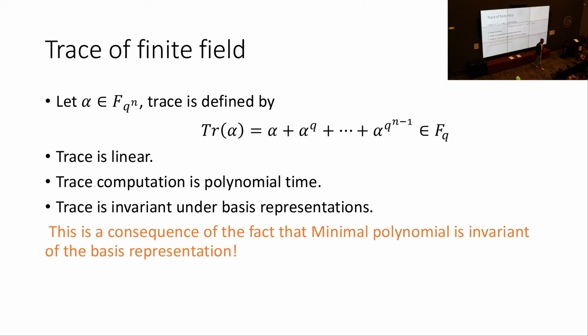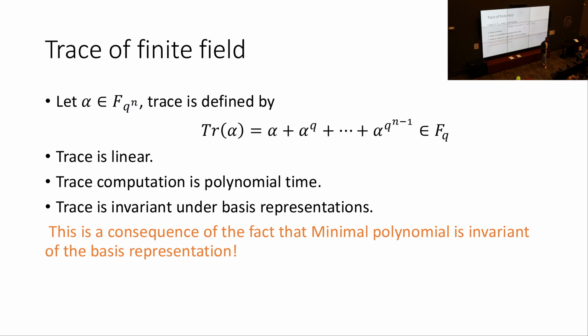The first: the trace operation is linear. By linear, I mean if you compute the trace of alpha plus beta, this is equal to the trace of alpha plus the trace of beta. This can be computed in polynomial time, it's already very well known, no problem.